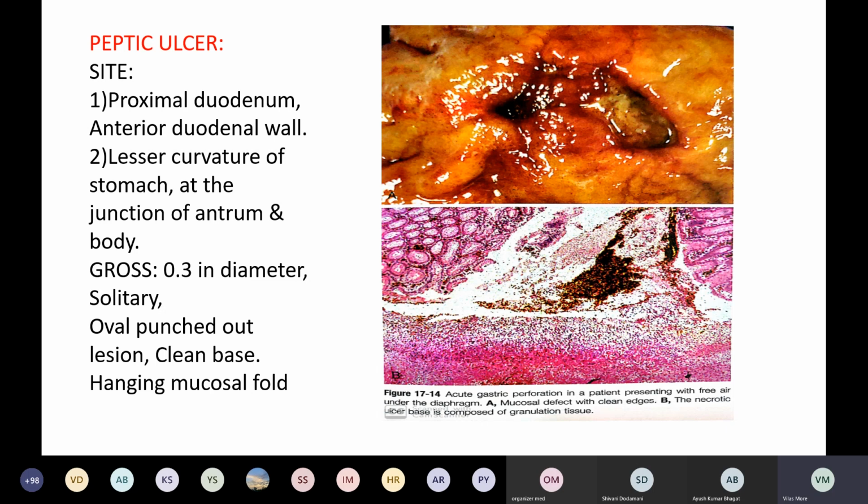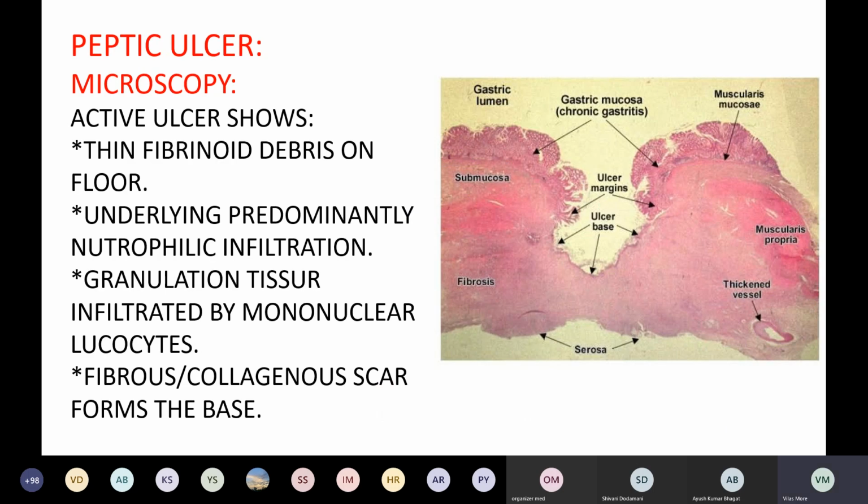The picture shows a peptic ulcer in the stomach with a hanging mucosal fold, and the lower picture shows the microscopy of the peptic ulcer. This active ulcer shows thin fibrinoid debris on the floor, because of acid and pepsin secretion.